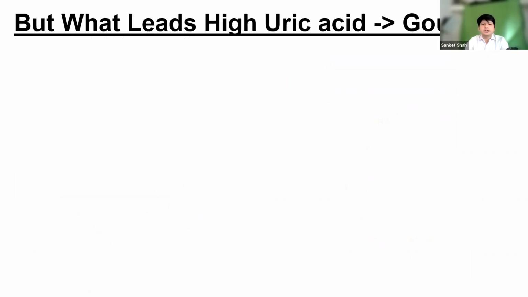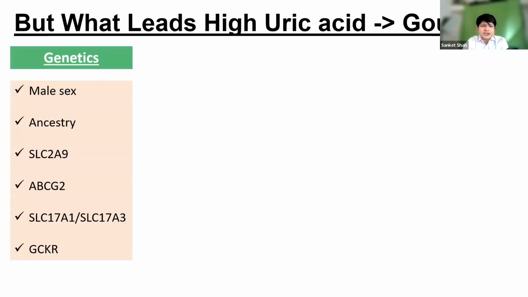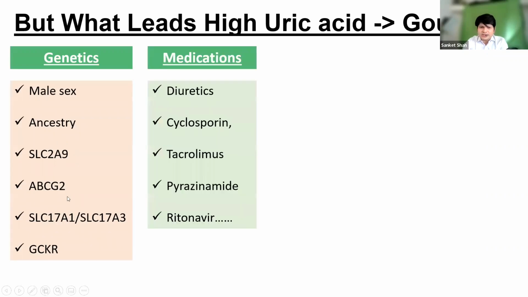Okay, fine. Now the question is: those 20% or 12% who develop gout, are they special? Like today we did uric acid for all of us, and a few of us may develop gout. So are we really special? What are the factors? Now see, factors are so many. Some you can prevent, some you cannot, right? There are genetic factors, male sex, ancestry, and certain genetic mutations. We cannot change much about this.